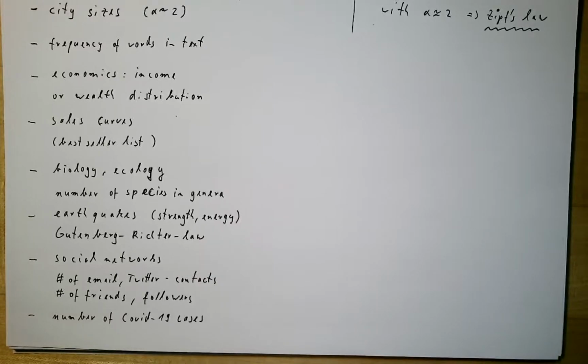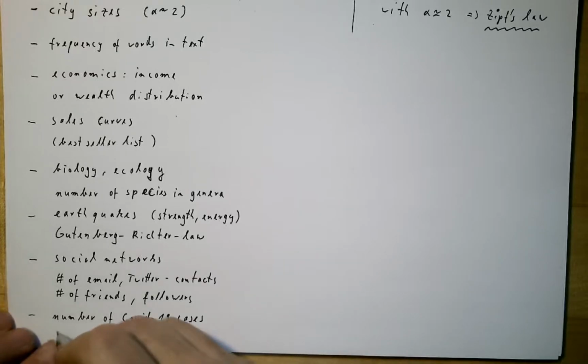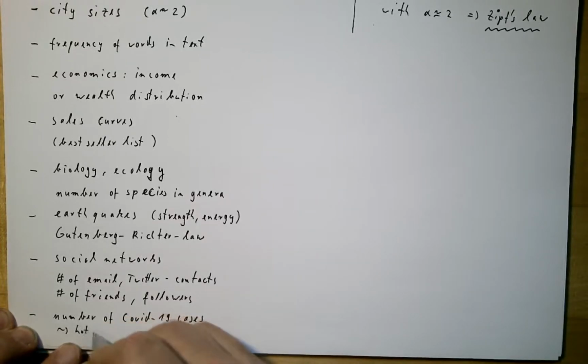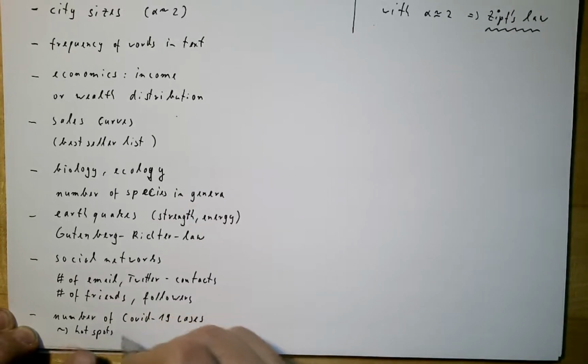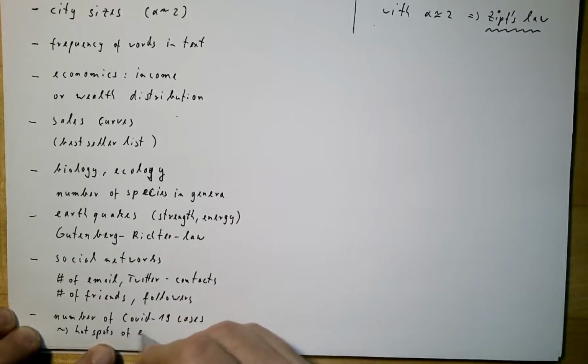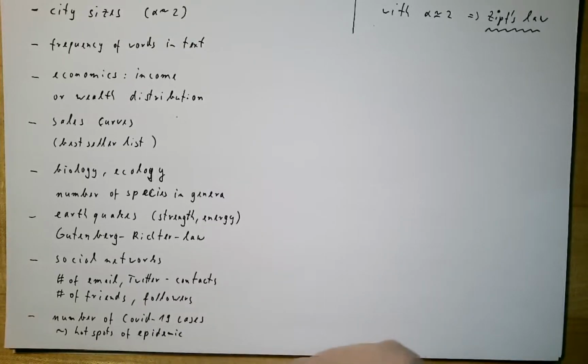I was intrigued to look at this because when the corona started, we had it first in China and then in Italy. So you had some hotspots of the epidemic, whereas at this time, for example, I knew nobody who was positive with corona. So in most parts of the world, the number of infected people was still very small.